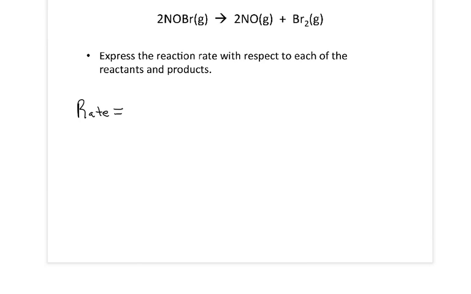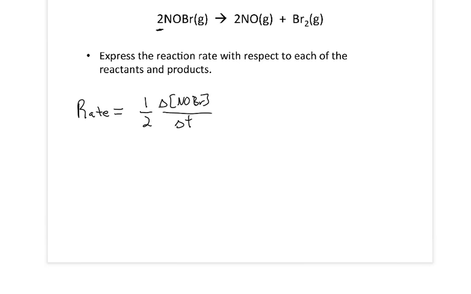is equal to, if we consider the NOBr reactant first, to account for the stoichiometry, I have to do the inverse of the stoichiometric coefficient. So the rate is 1/2 the change in the concentration of NOBr with respect to time.